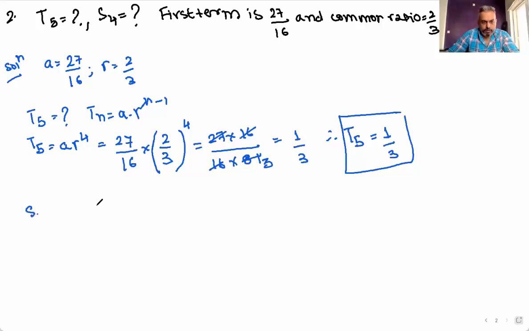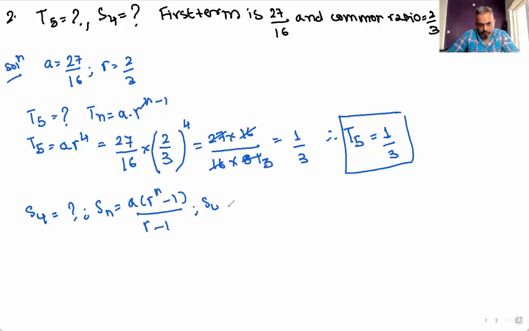S4 is what we have to find. Sn is equal to A into R raised to n minus 1 upon R minus 1.